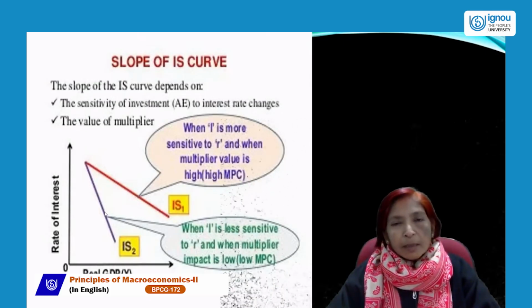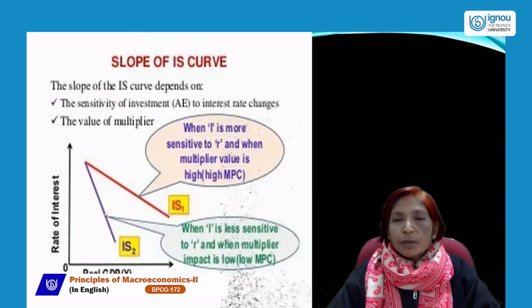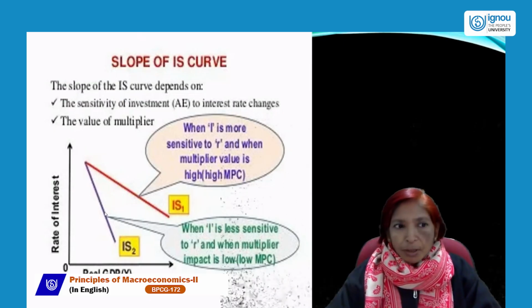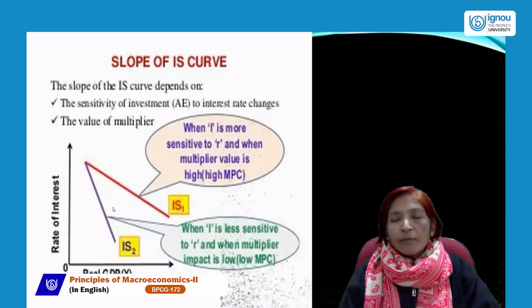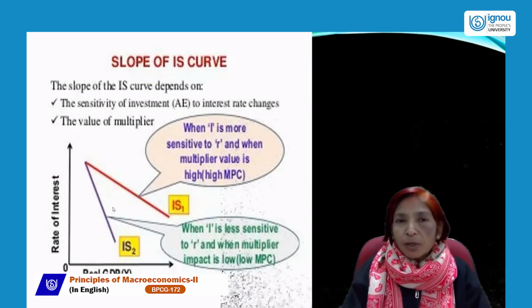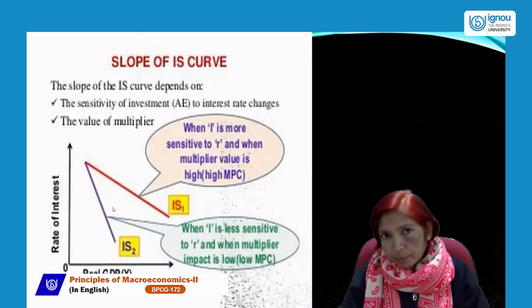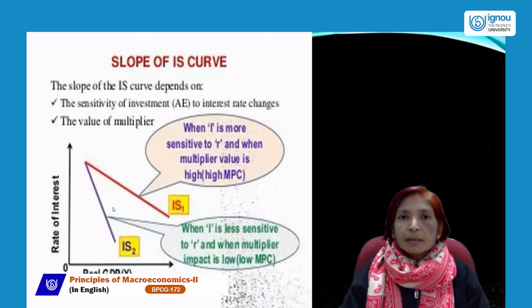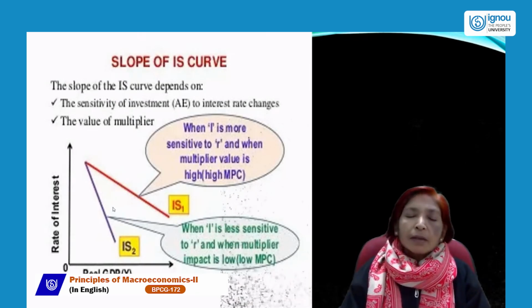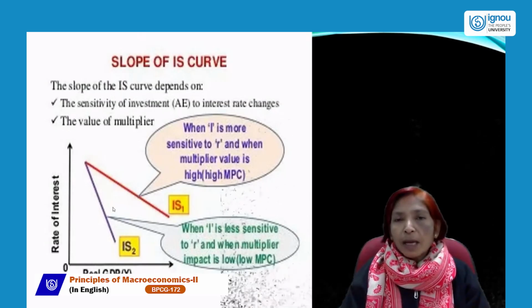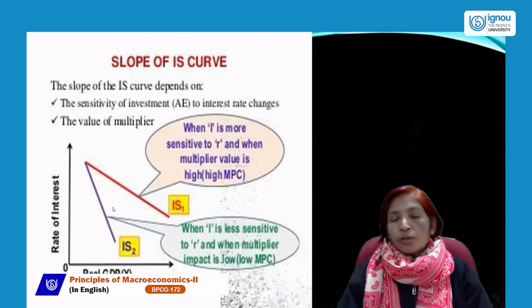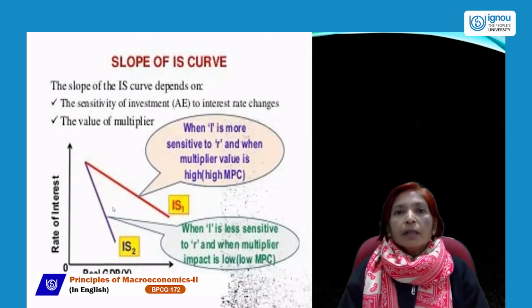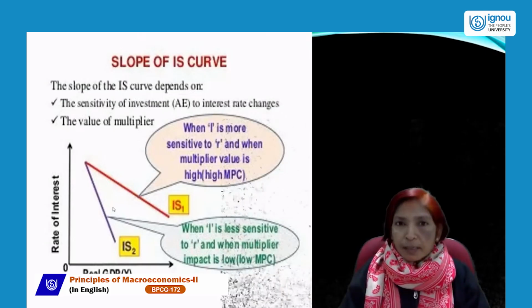The value of the multiplier depends upon the marginal propensity to consume, because we can estimate the multiplier using the formula k equals delta Y upon delta I. The other formula for calculating the multiplier is 1 upon 1 minus MPC. And the third formula is 1 upon MPS. So the value of the multiplier depends upon MPC or MPS.